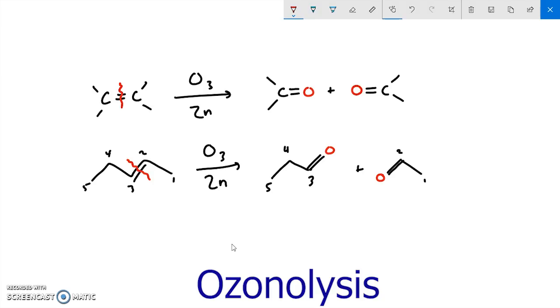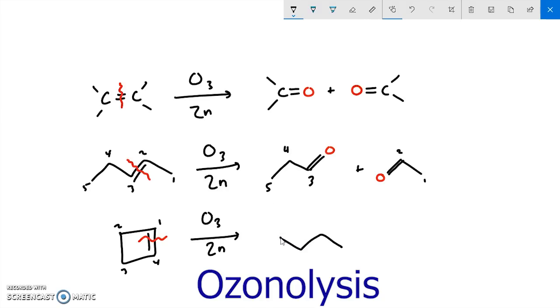In another example, we can have a cyclic alkene. For instance, butene. We're going to apply the same reagent, which is ozone catalyzed by zinc. The double bond will be broken. Take note on the position of the carbon. The bond is being broken between carbon number 1 and number 4. So we can simply draw the structure like this. 1, 2, 3, 4.